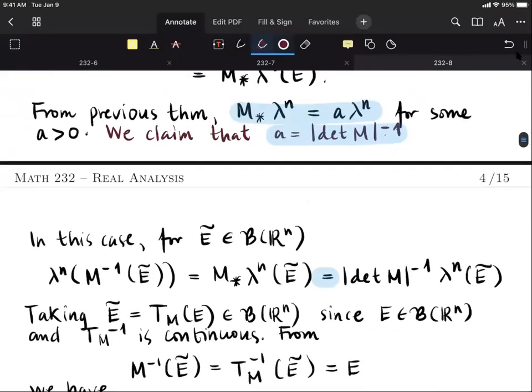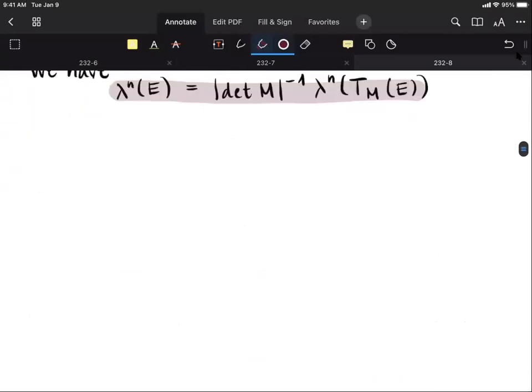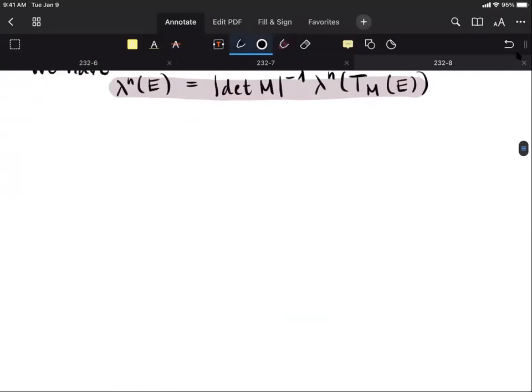Okay, so to prove our claim, that A is the reciprocal of the absolute value of the determinant, we will establish this in several steps. So we will first look at the case where M, the matrix, is a special matrix. In particular, let us consider the case, this is now our second step.